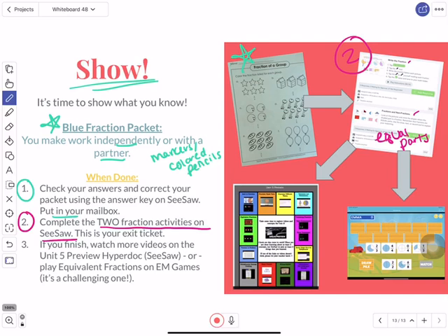Okay? Once you are done with those 2 exit tickets for the day, you have the option to either continue looking at the resources on the Unit 5 preview, or if you want a challenge, you can play this equivalent fractions game on Everyday Math.